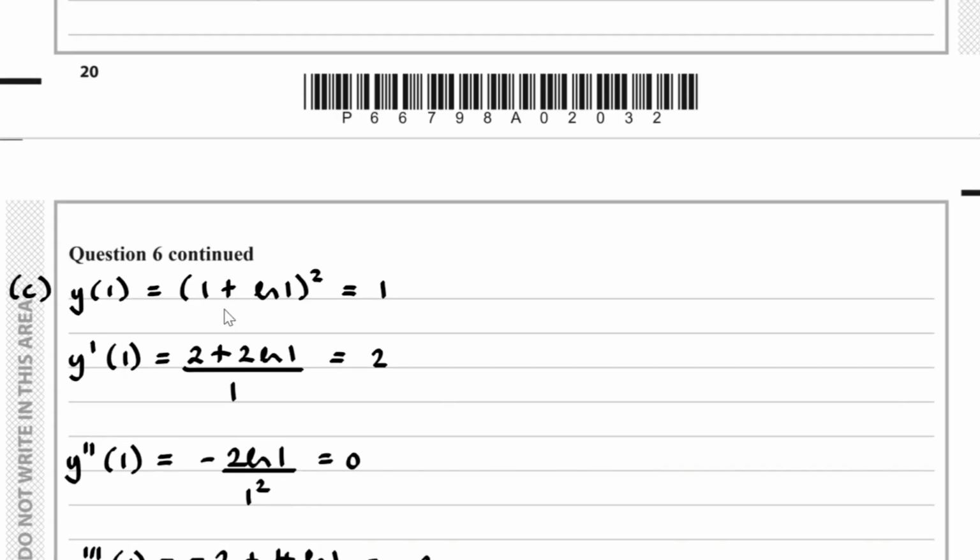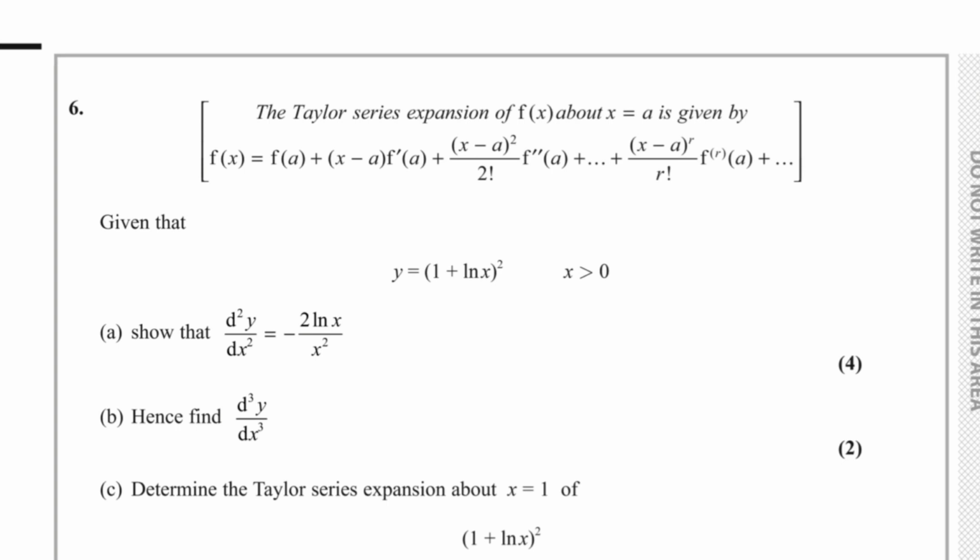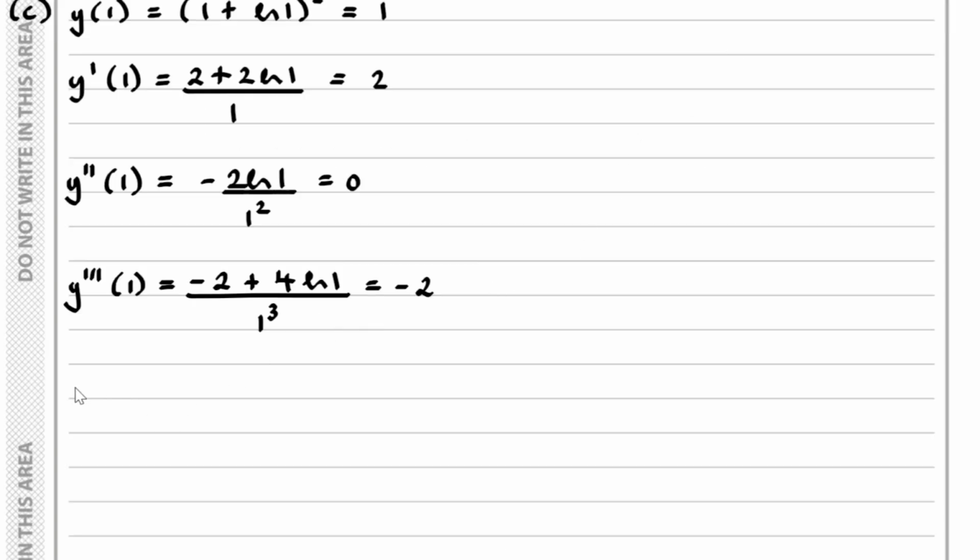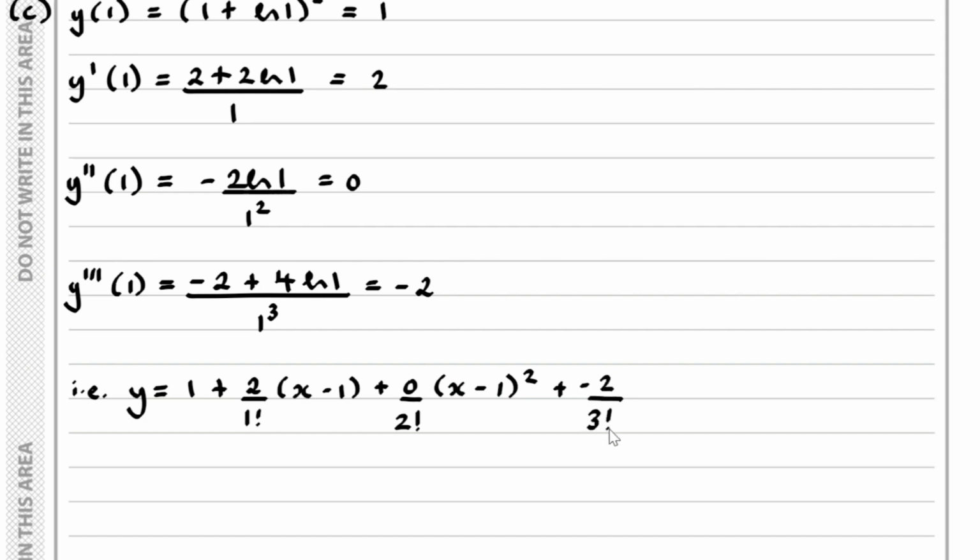Now, if we substitute back into the Taylor series expansion, we can see then y is equal to 1, which is y of 1, plus 2 over 1 factorial times x minus 1, and then we've got 0 over 2 factorial times x minus 1 squared, and then we've got minus 2 over 3 factorial times x minus 1 cubed, and then we've got higher order terms.